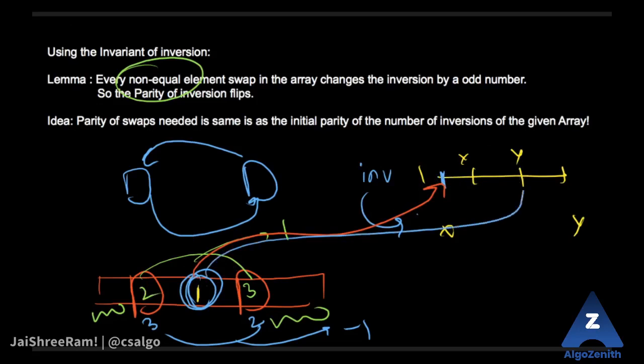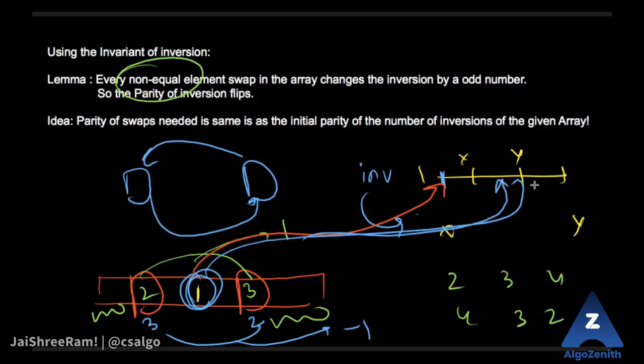If the element lies in the middle part, it has no inversion with either x or y. This is the case where you have 2 3 4, with the middle element 3. If you swap these values to 4 3 2, it will introduce two new inversions.